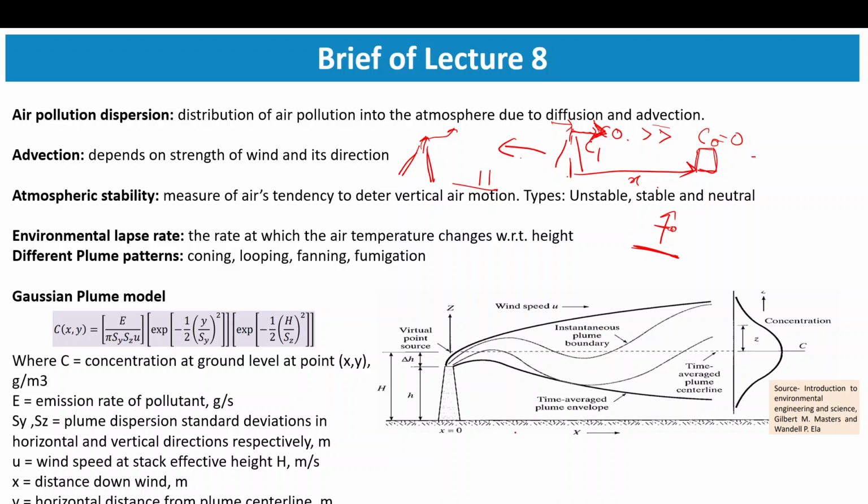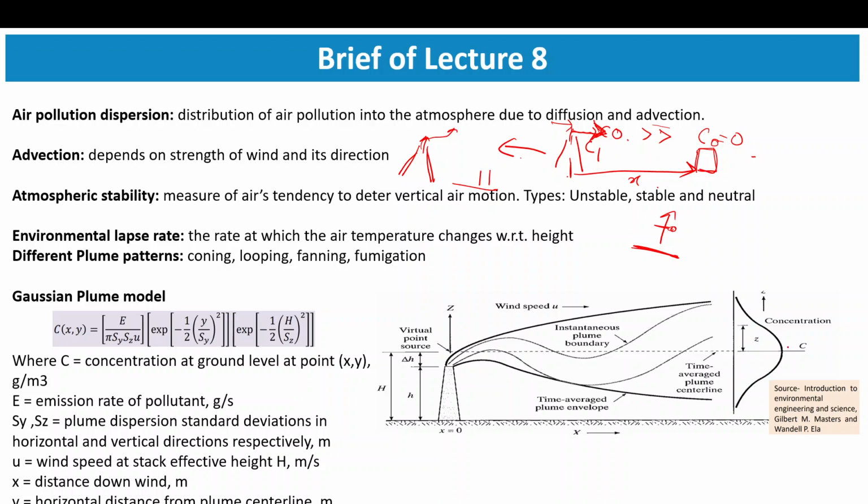Let's say after some distance x in this direction, and z is the vertical direction. It is assumed that if this is the center line, then the concentration will follow a Gaussian distribution; this bell-shaped model is nothing but the Gaussian model.